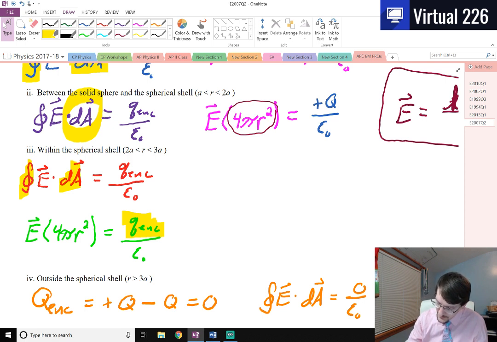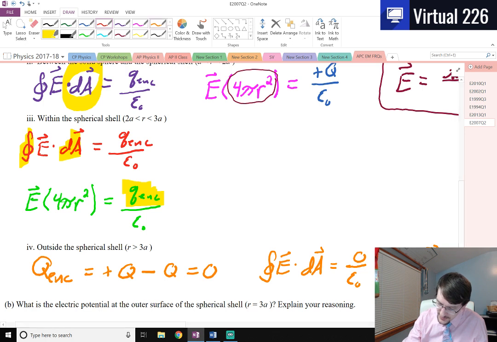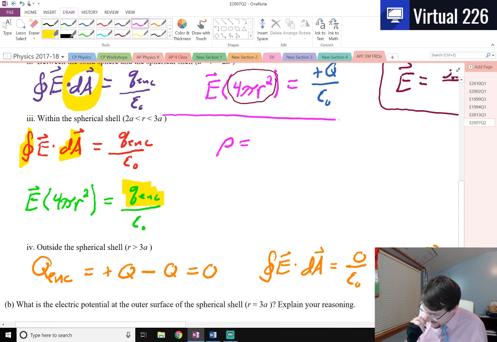Well, let's first just find what is the charge density of that outer region. Well, the charge density of that outer region is just given to us by the total charge in that outer region, minus Q, okay? Or we could just call it Q for now because we know we're going to subtract it anyways. And then the volume of that outer region.